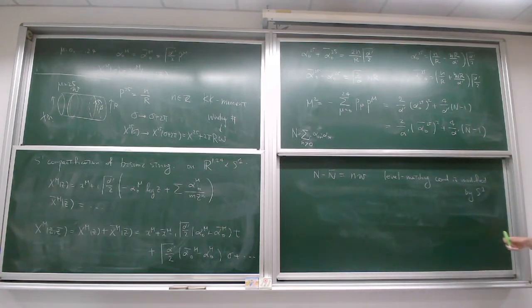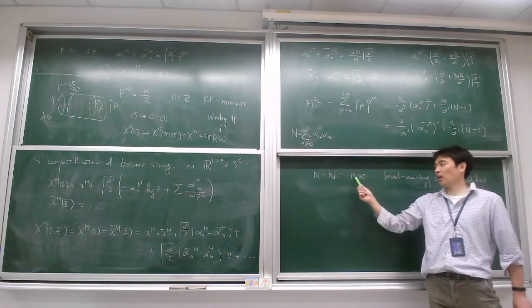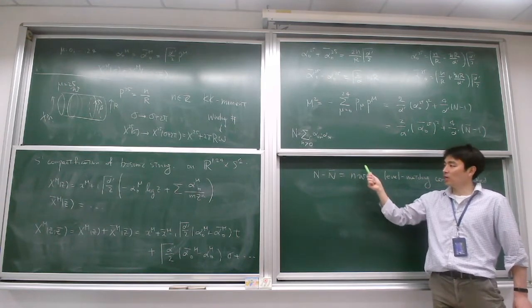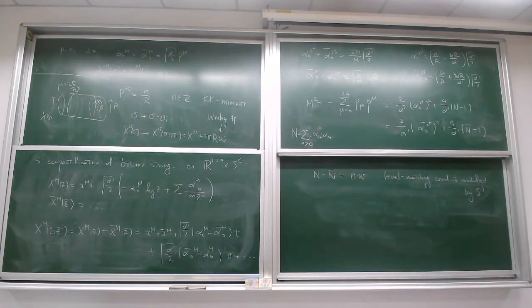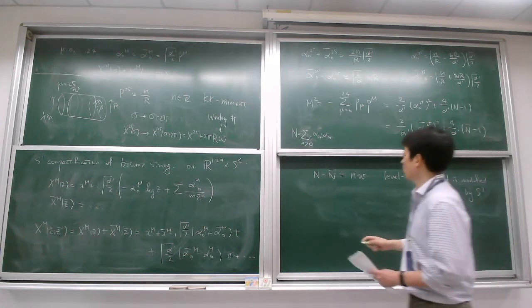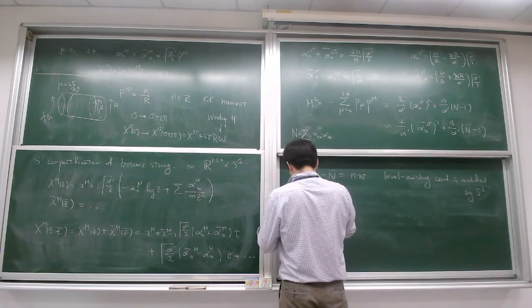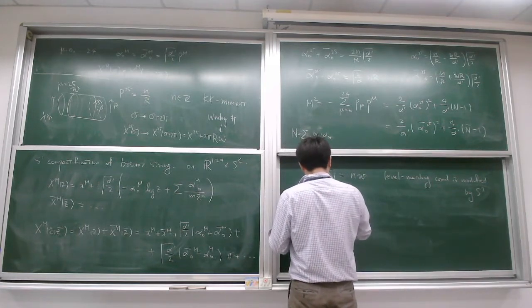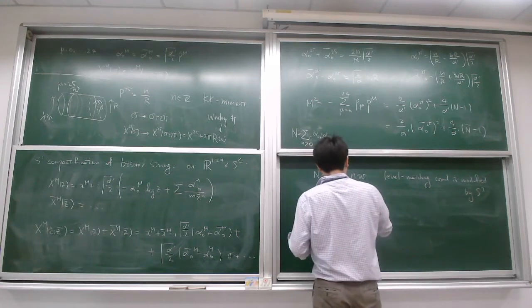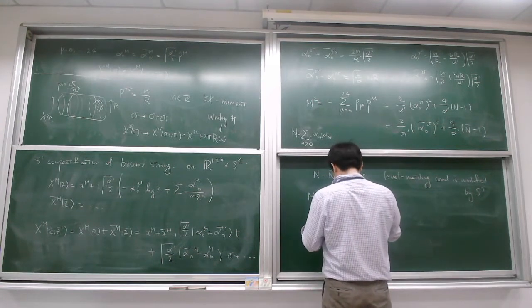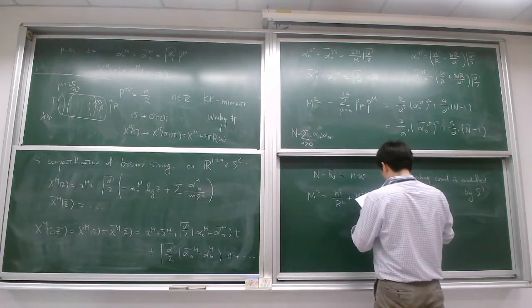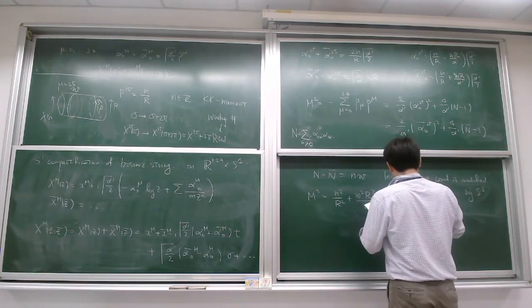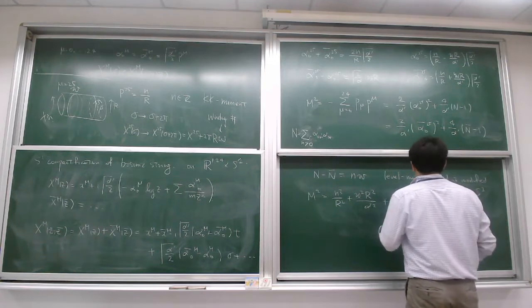Last time there was no winding number and Kaluza-Klein momentum. If there's no circle compactification, this is 0. That was the level matching condition, and now we have this. Moreover, m squared is given by Kaluza-Klein momenta, n squared over R squared, plus w squared R squared over alpha prime squared, plus 2 over alpha prime times N plus N bar minus 2.